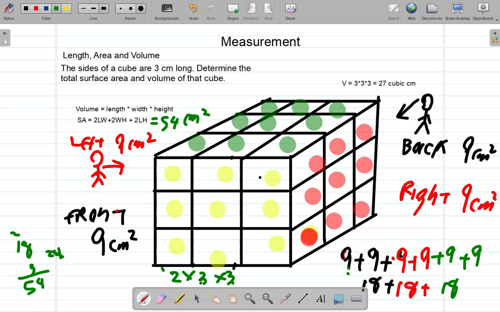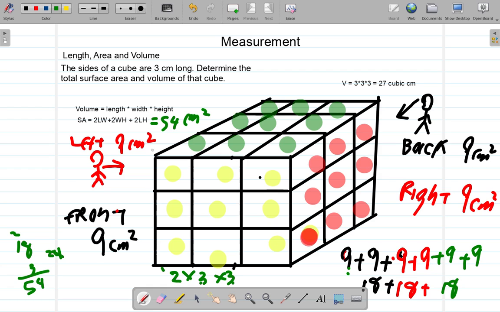And the reason why you have the 2 is because you're counting the front and the back. So 2 by length by width means the front and the back. The length and the width of the front and the back. Repeat, so you have 2 of that. Plus the width and the height.